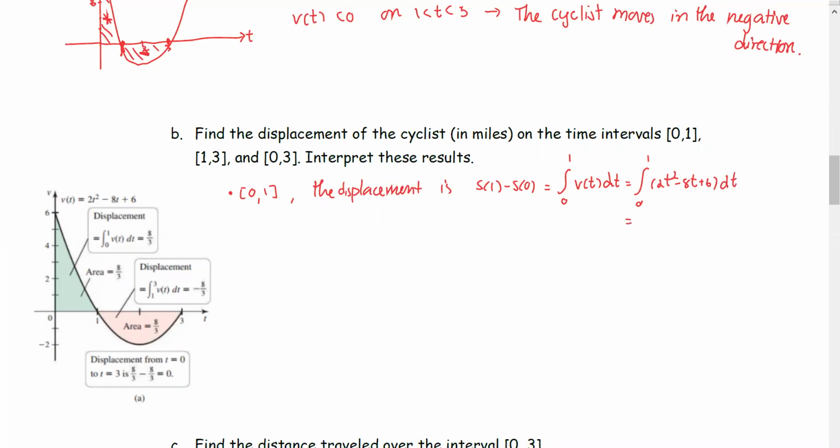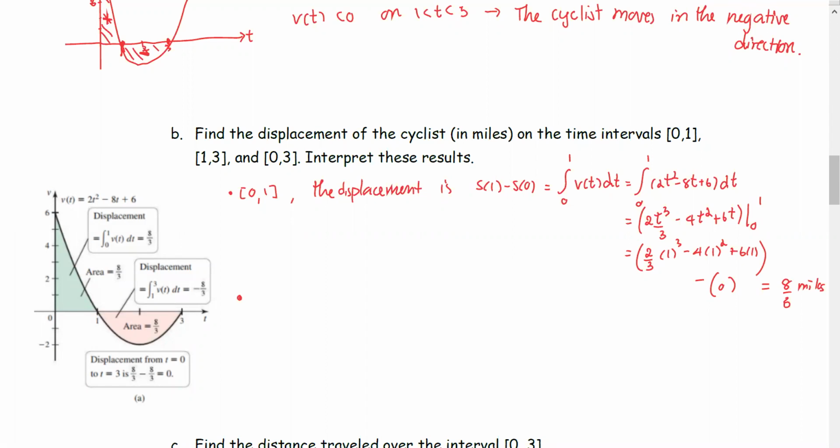For the antiderivative, we have 2t cubed over 3 minus 4t squared plus 6t evaluated from 0 to 1. We obtain 8 over 3 miles.